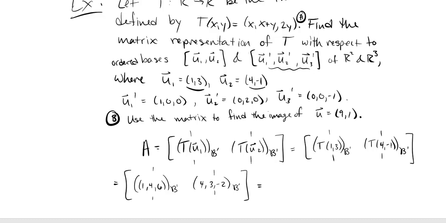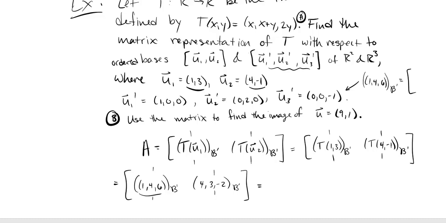Well, we're trying to actually write (1, 4, 6) as a linear combination of these codomain basis vectors. That's not too bad though, since this u1 prime, u2 prime, u3 prime is very close to the standard basis. It's pretty easy to rewrite these coordinates. So this (1, 4, 6) expressed relative to B prime would be the column vector.